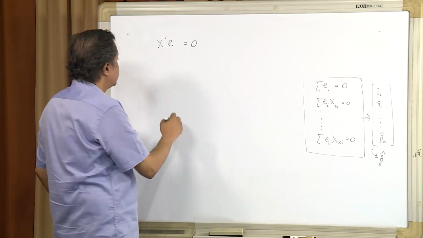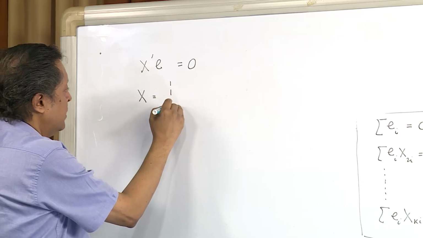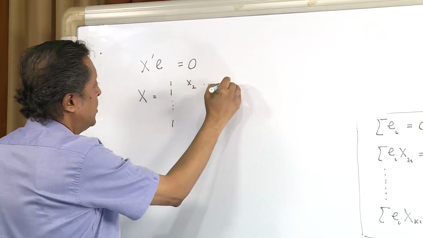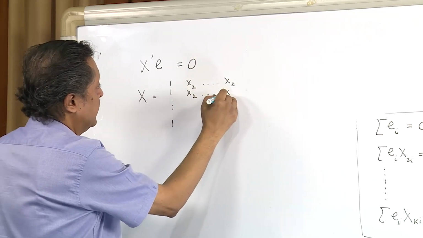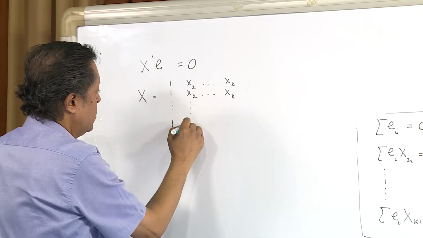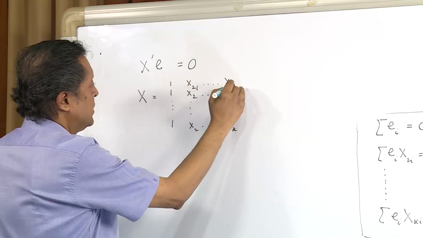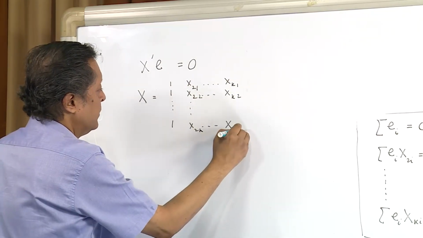What is this X? X is the matrix with rows 1, x2 up to xk, for the first observation, second observation, up to the nth observation.